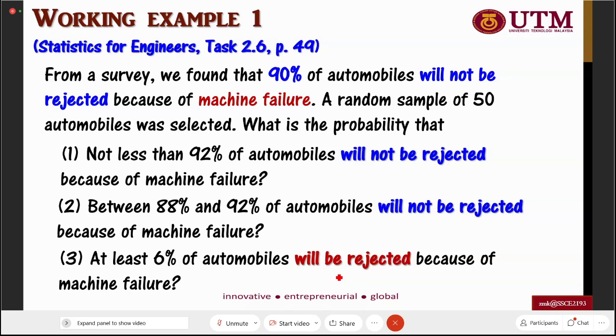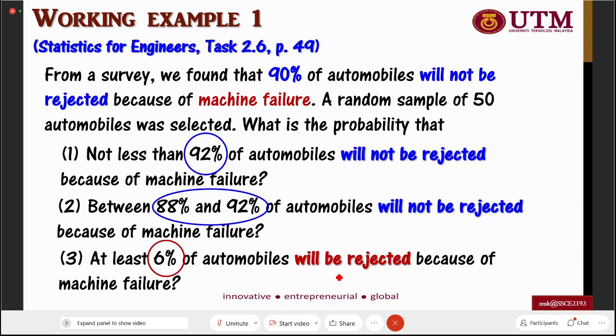The first two questions were asking about proportion that will not be rejected. Okay, so you have these proportions in blue relate to not rejected, not will not be rejected, but the red one here, the last one, is related to those that will be rejected. So you have to use the distribution, okay, accordingly.